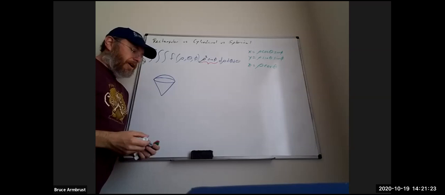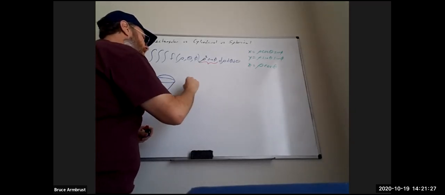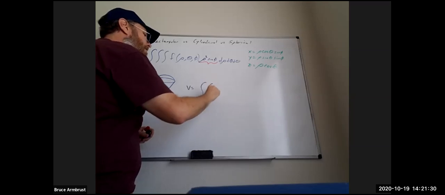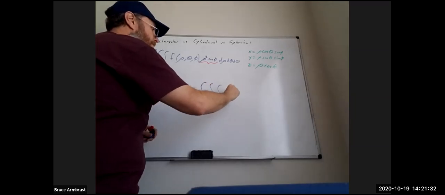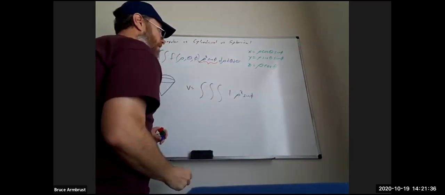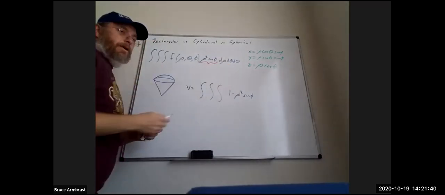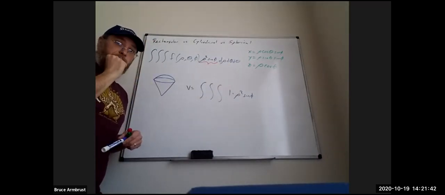Since we're trying to find the volume, that means our function is 1, so we don't have to do any kind of conversion. It's going to be 1 times rho squared sine phi. I'll leave the d rho d phi d theta stuff for a second.